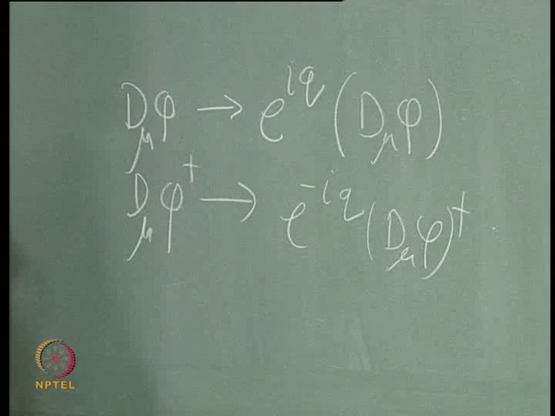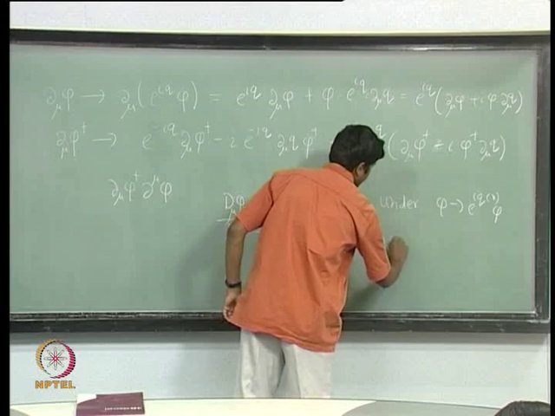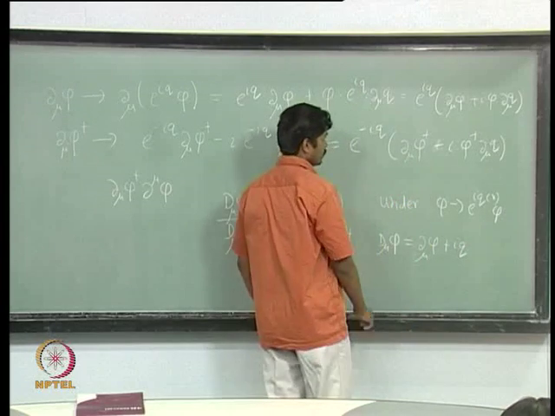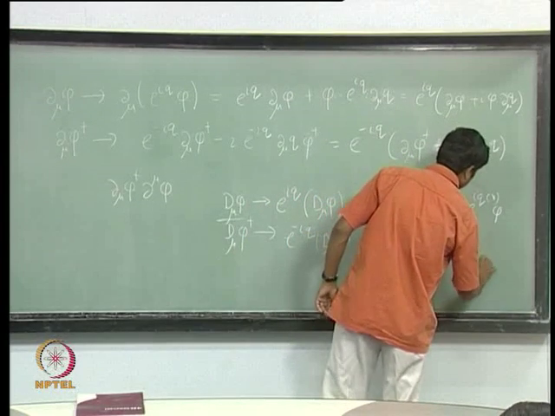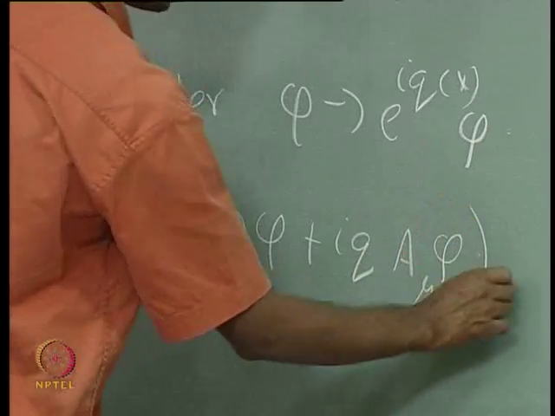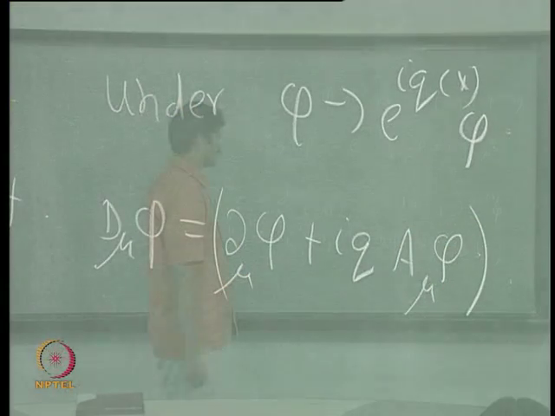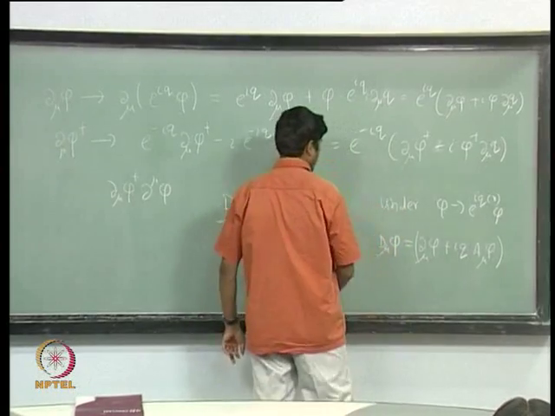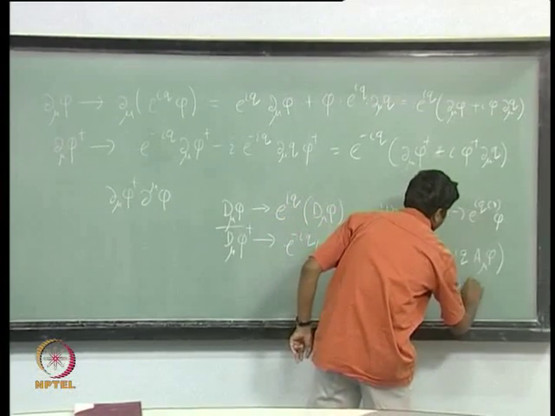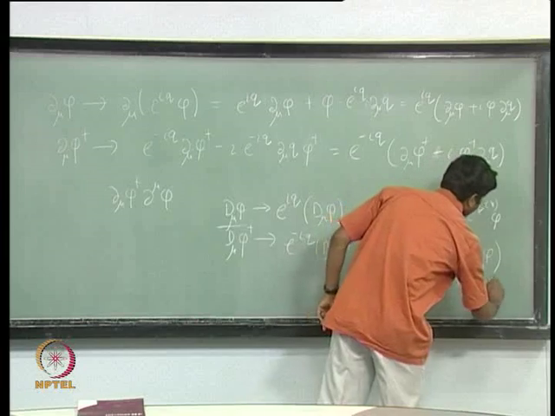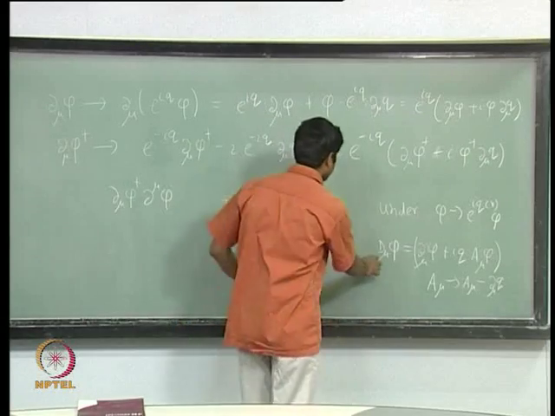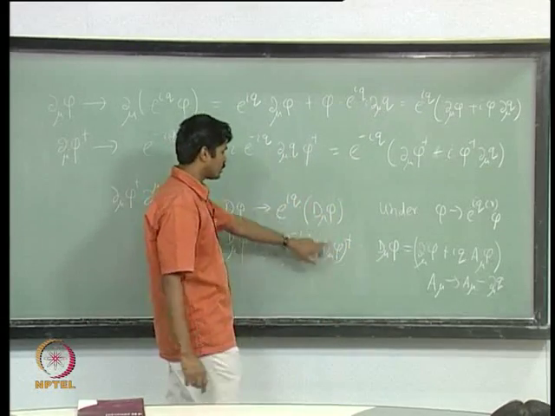However, if you define D mu phi to be del mu phi plus i q A mu phi, then you can see that if this transformation is supplemented by A mu going to A mu minus del mu q, then this D mu phi will transform according to this. So, just check that.